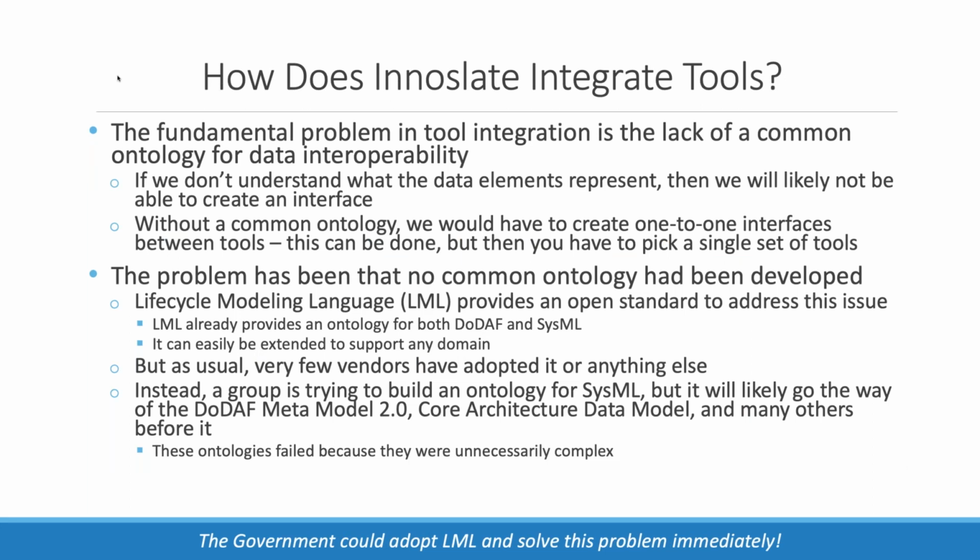Right now, we are actually in the process of integrating with a number of other tools and capabilities. But the fundamental problem had been the lack of a common ontology, something that was easy to understand. It shouldn't be something so complex that people don't get it, don't understand it. So we want to have something that we can do that with.